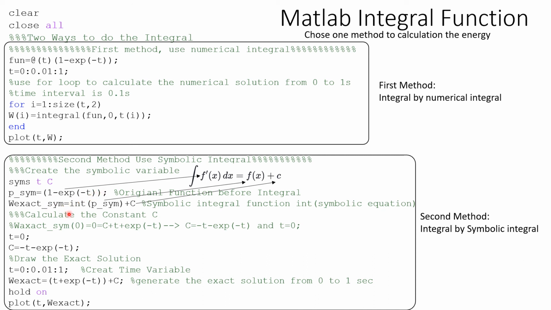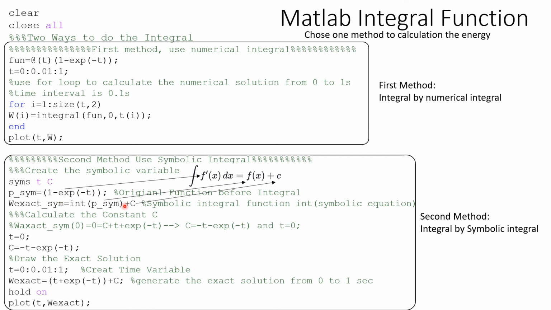Then you can use the exact symbolic function. I call it the wt exact function, which should be equal to int. Int here means an integral. I want to do an integral for a symbolic function.